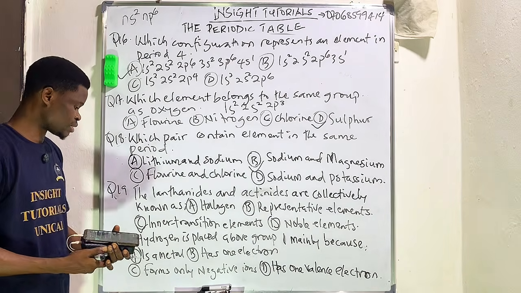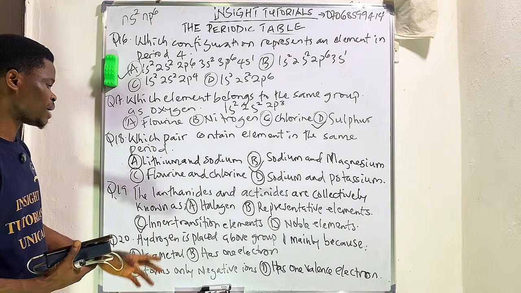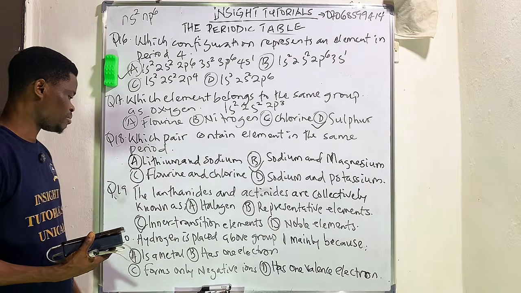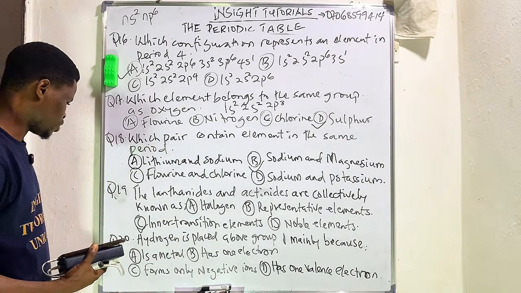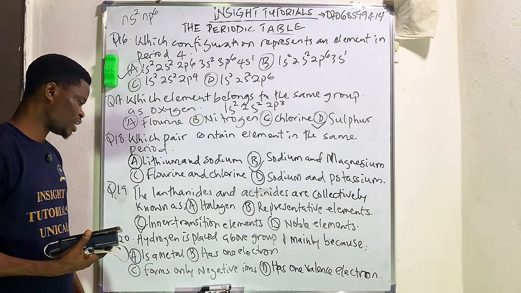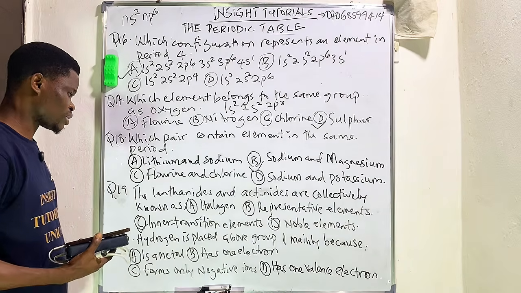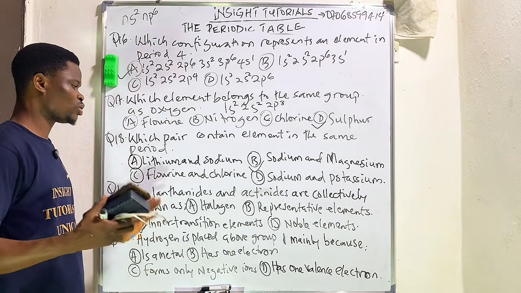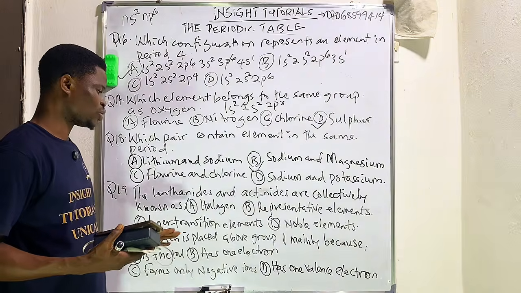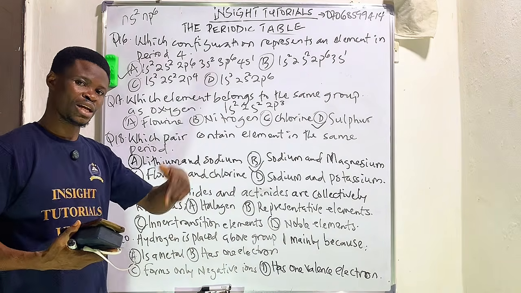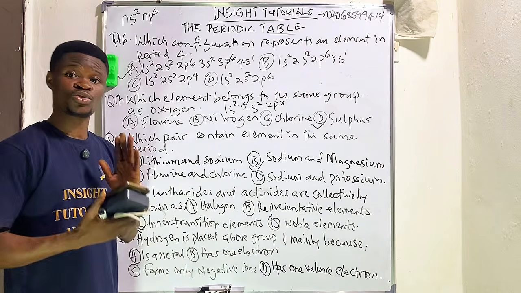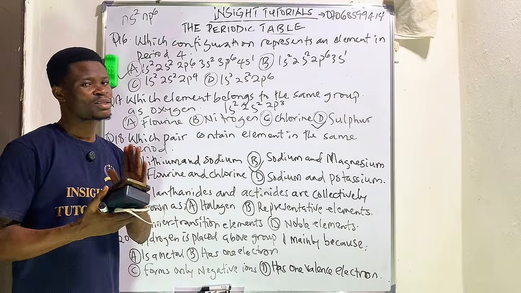Question 20 says that hydrogen is placed above group 1 mainly because: A it's a metal, B it has 1 electron, C it forms only negative ions, and D it has 1 valence electron. Very importantly, what qualifies an element to be in a particular group is its valence electron.